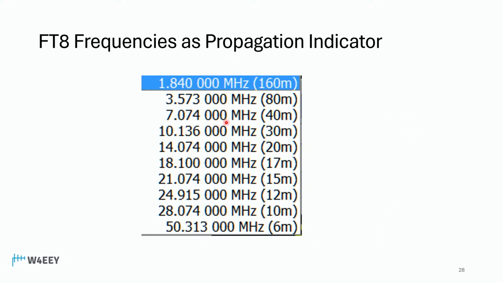So if you see that there's tremendous activity going on 40 meters, and all kinds of European stations are showing up, you'll know that if you want to do sideband or CW, you're going to have a pretty good chance. So this is a quick and easy indicator. Some people just spin their VFO up and down the band to see if there's any signals there, if they don't do any of this fancy stuff.